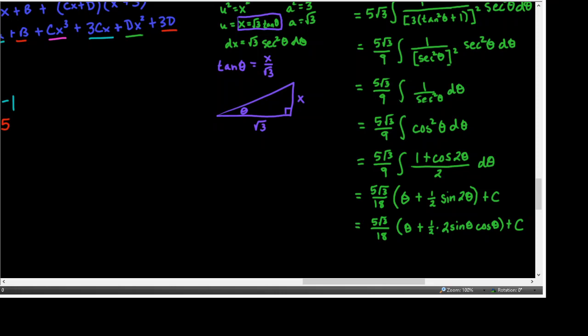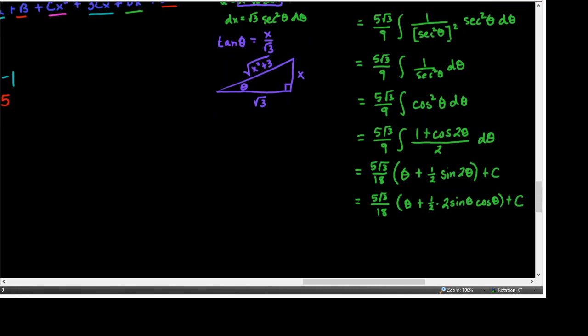Using the Pythagorean theorem, that will end up being the square root of x squared plus 3. And so coming back down here to this problem. Oh, and one other thing, this also implies that theta is tangent inverse of x over the square root of 3.